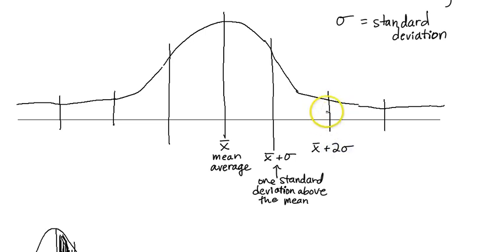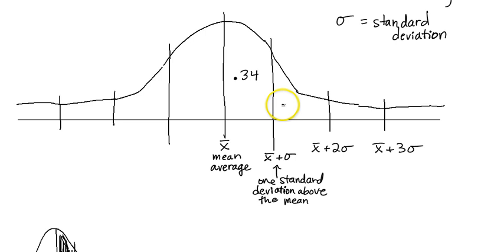The second line here is x bar plus 2 sigma, so that would be 2 standard deviations above the mean. And the third line would be 3 standard deviations above the mean, x bar plus 3 sigma. And let's get to the area under the curve. So the probability between x bar and x bar plus sigma is 0.34.